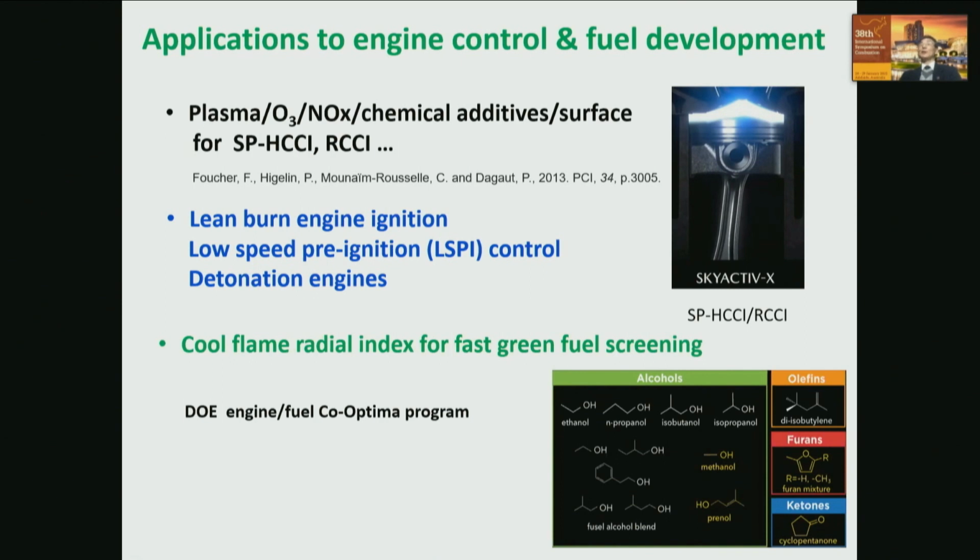So control of cool flames plays a big role in controlling combustion engines. And as I demonstrated before, to develop engine and fuel co-optimization, the radical index provides a convenient tool to fast screen green fuels.